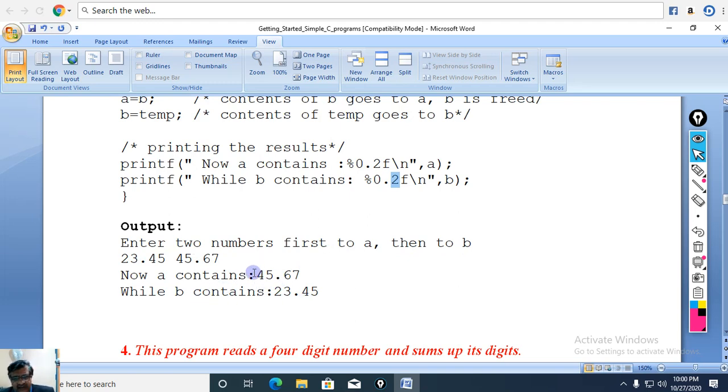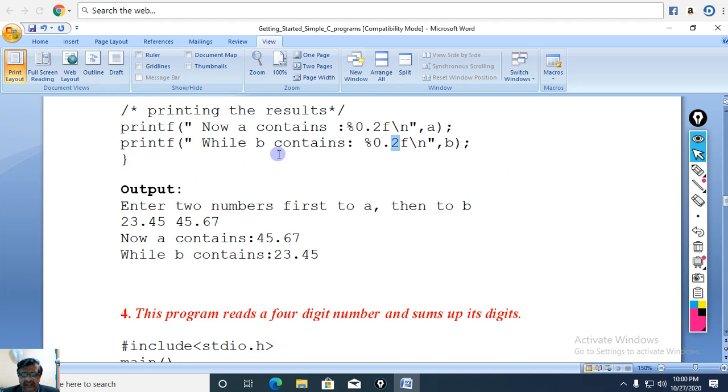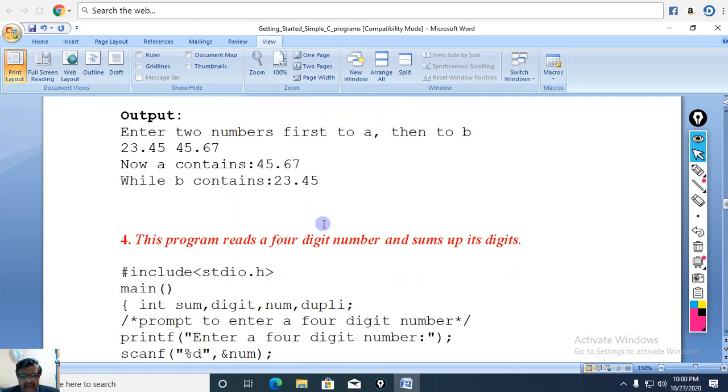Now A contains 45.67 while B contains 23.45. This is a very simple program to understand, but for the sake of having a flavor of swapping, because swapping comes in most of the algorithms. Swapping is a preliminary process in most of the algorithms or problems.